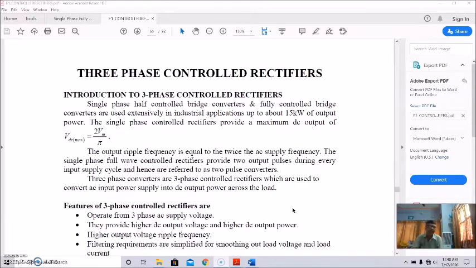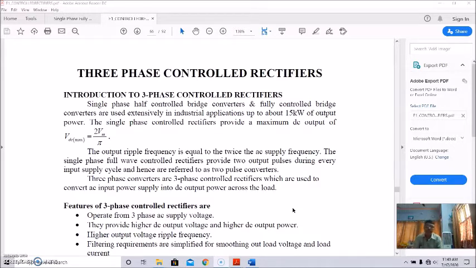And single-phase control rectifiers provide a maximum DC output, DC maximum equal to 2 Vm by pi. So the output ripple frequency is equal to twice the AC supply frequency, and the single phase full wave control rectifiers provide two output pulses during every input supply cycle, and hence are referred to as two-pulse converters.